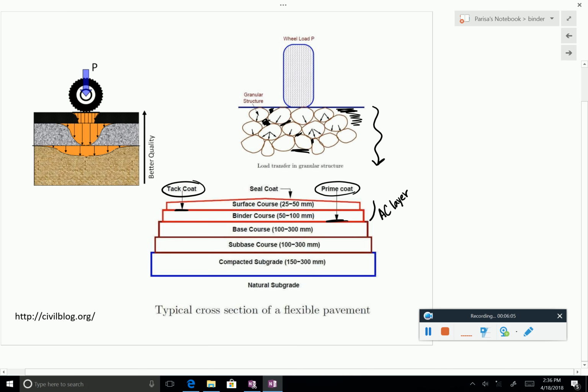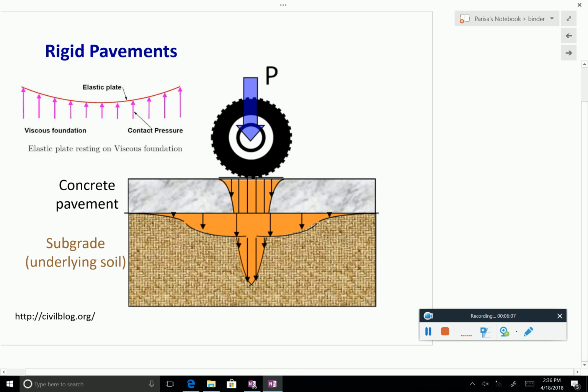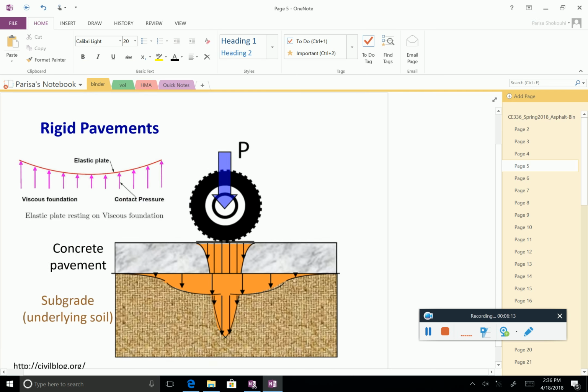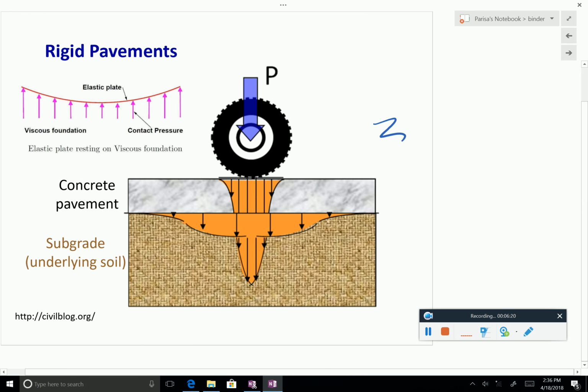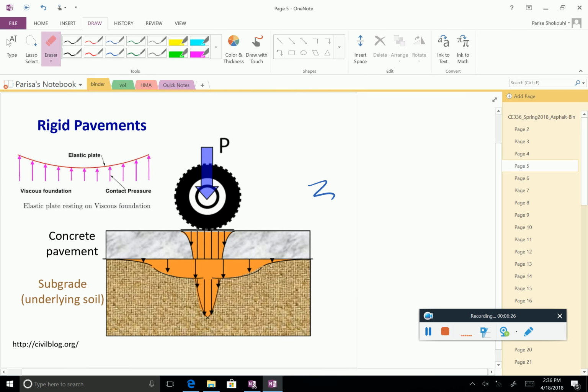Now let's compare this to rigid pavement. What do we see here differently? What is different, just by looking at it? Yes?